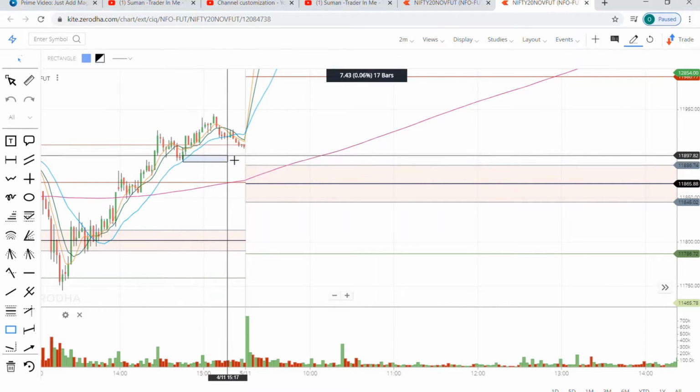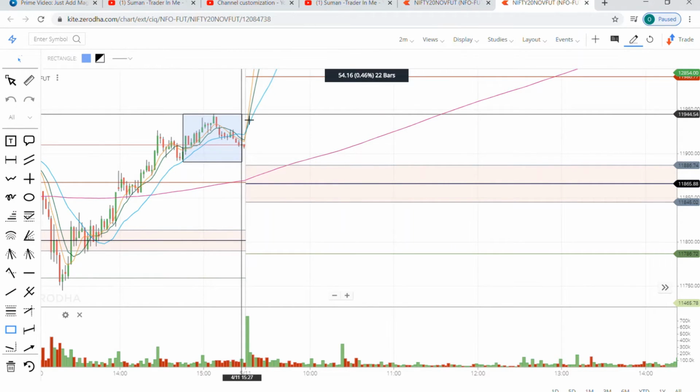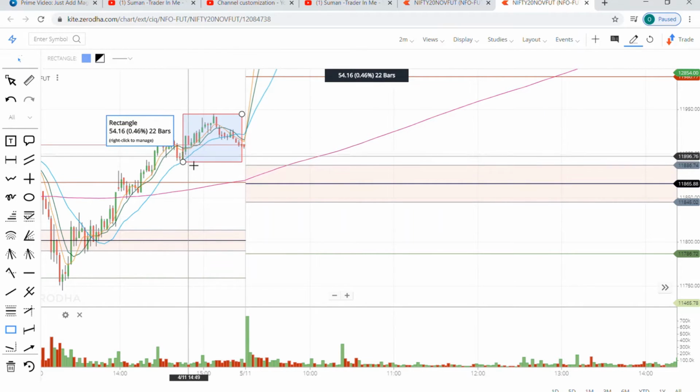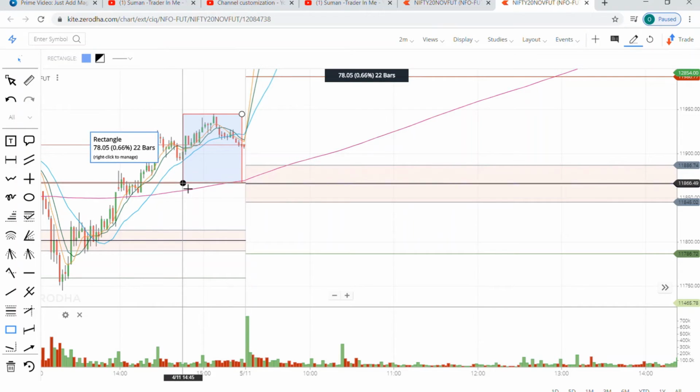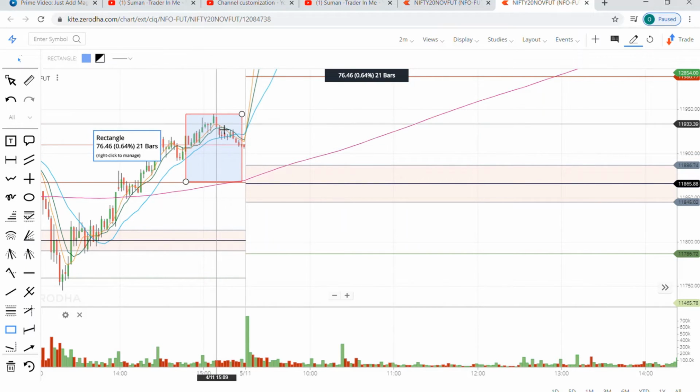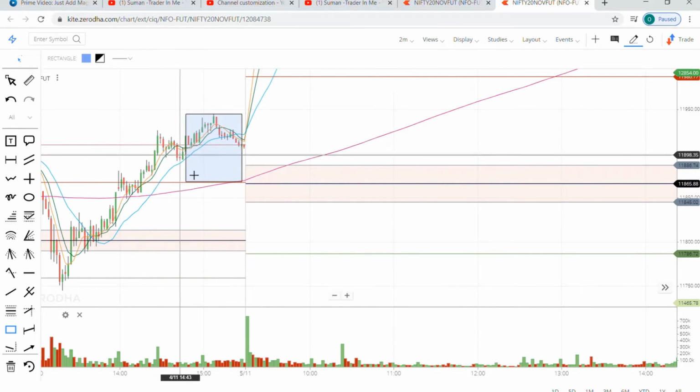Okay, so these are my highs and lows, but as I mentioned, you need to include all the moving averages within the box as well. So you need to bring it down so that it at least touches this moving average. So all four moving averages are included, and the highs and lows of the previous 45 minutes are also included.